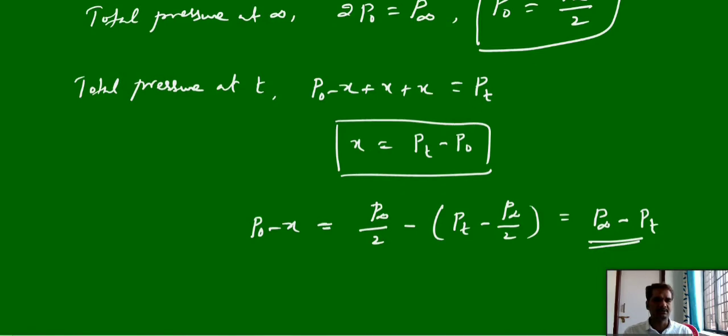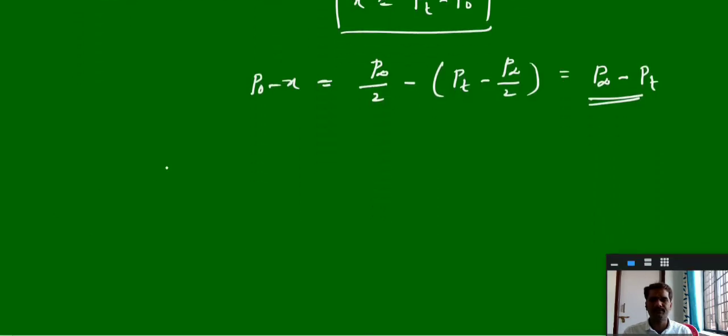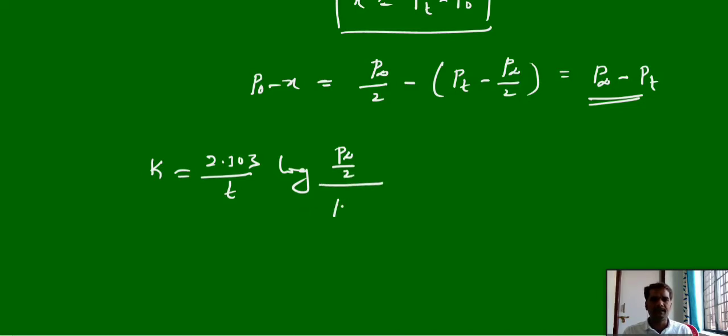Now you can substitute these values in the integrated rate equation. K is equal to 2.303 by t, and log of P naught, meaning P infinity by 2, all over P infinity minus Pt.